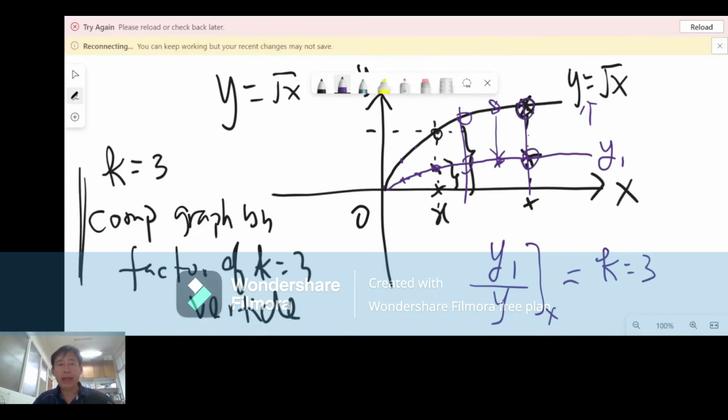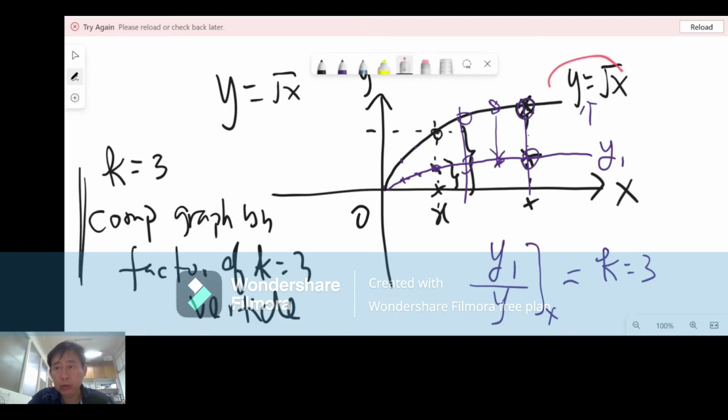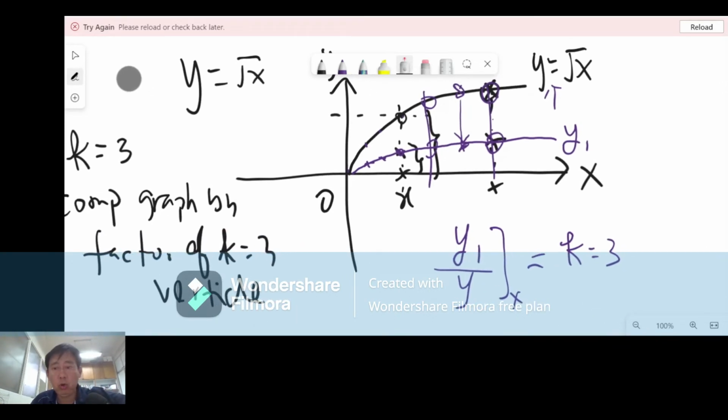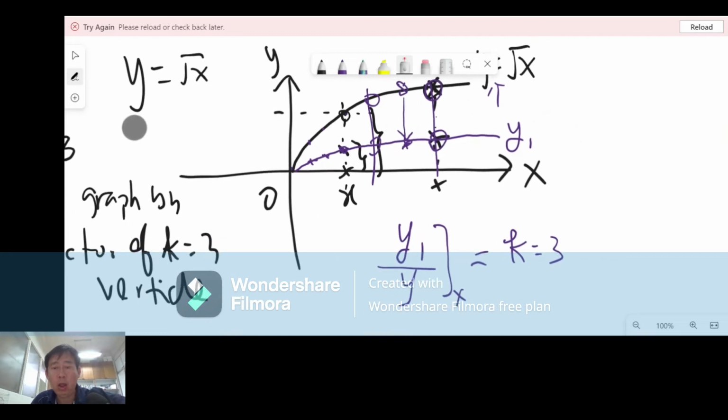So in that sense, we say you have compressed the function y equals square root of x by a factor of 3. So y1 would be the resultant curve obtained by compressing the original function by a factor of 3. Be reminded that the factor of compression must be an integer equal to or larger than 1.